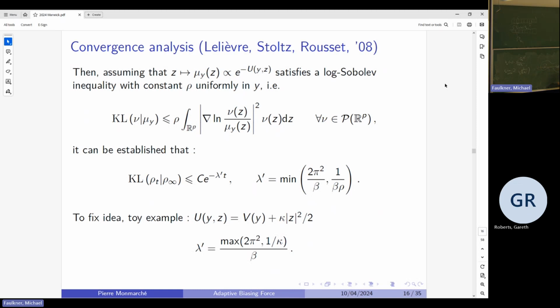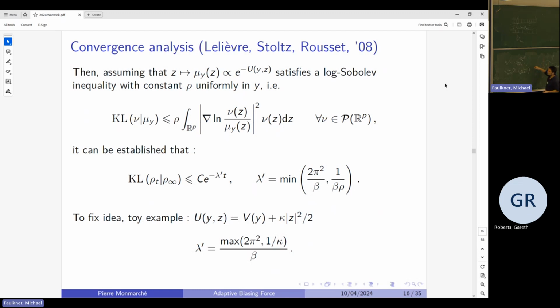Basically you're saying that, let's say I have this double well distribution here. Let's say this is y, this is z. If I just look at the distribution here, it's going to be, for instance, unimodal. I have no metastability here, and so I'm going to converge very fast. So in each part the idea is that rho should be good here.